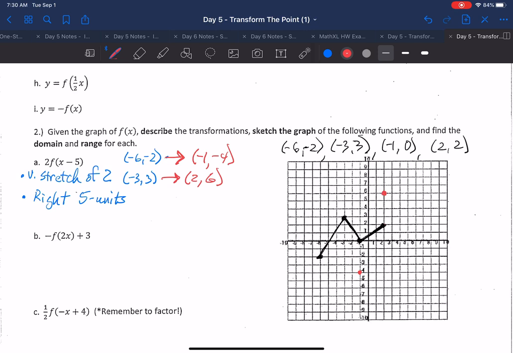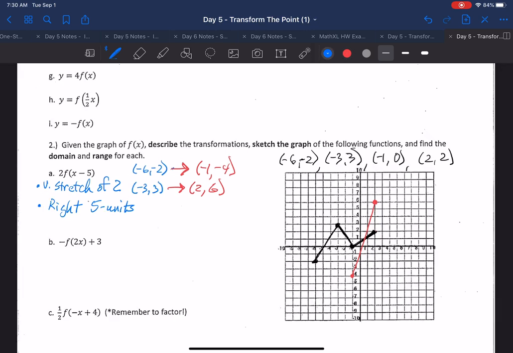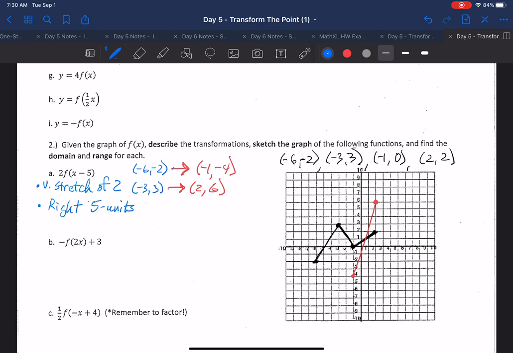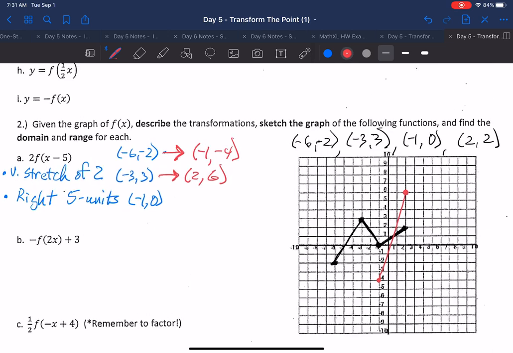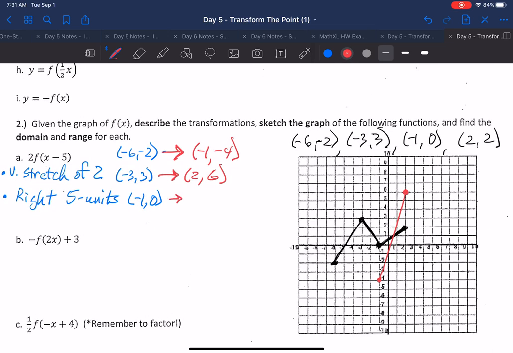I should be able to draw this line. Then I'm going to transform the third point, (-1, 0). -1 plus 5 is 4. 0 times 2 is 0. My third point will be right here.